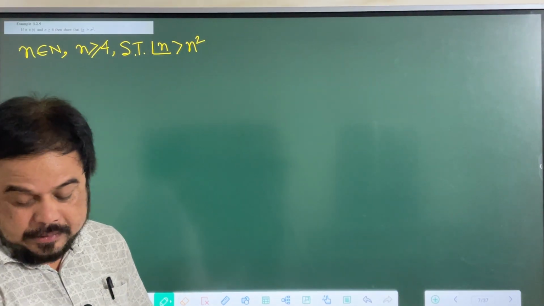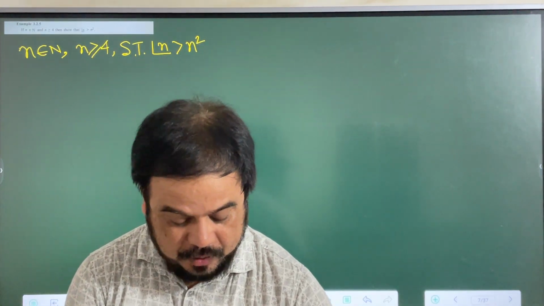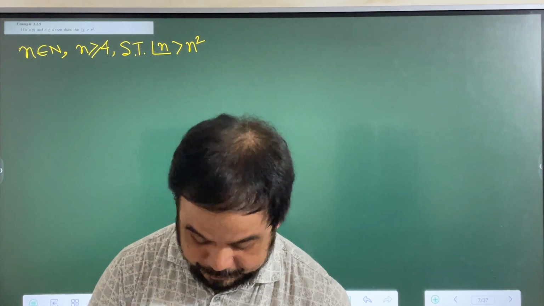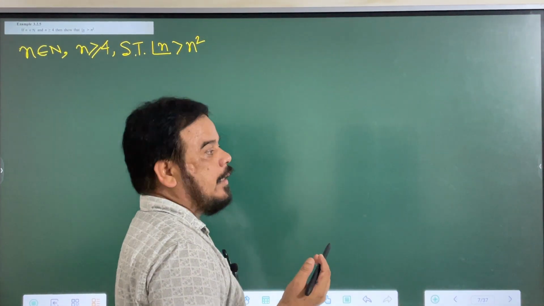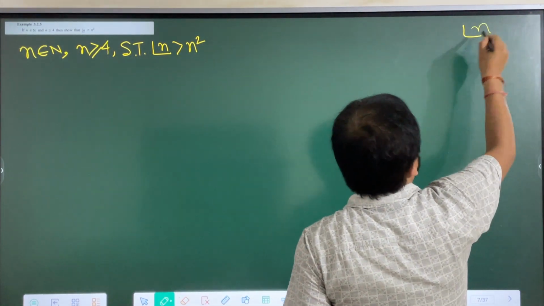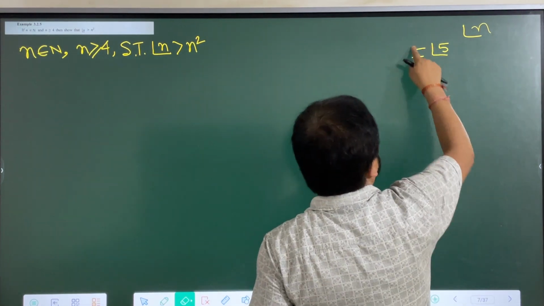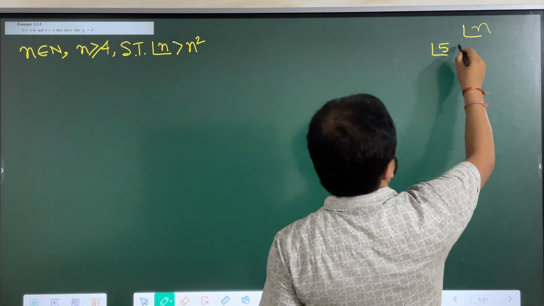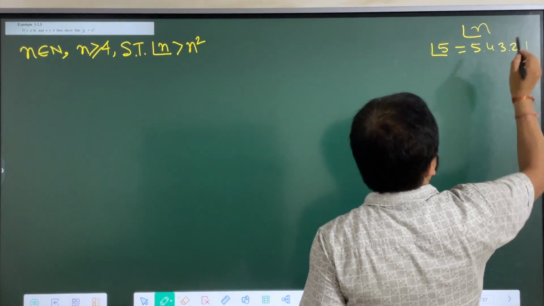Now I hope you know about factorial. About factorial you have heard and you have got in lower classes. Let me recall factorial n. Factorial 5 means 5 into 4 into 3 into 2 into 1.